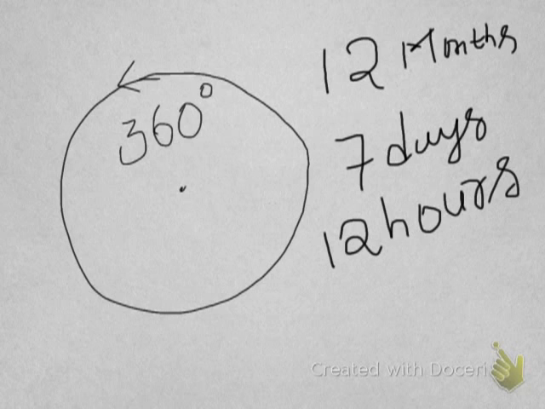So the year is divided into 12 months, and the month is divided into 4 weeks. Here the division is not based on 4 but based on 7, because the 12 cycles on the earth are directly controlled by 7 physical planets and 2 shadow planets.